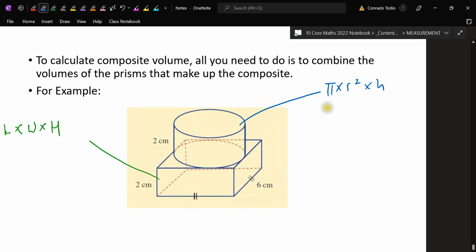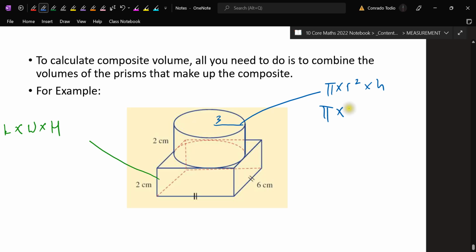Let's do the cylinder first. I know that this length here is the same as this because of the two little lines that are there. So if this is 6, this must also be 6, which means that this diameter is 6. Now, if that's the diameter, what's my radius? 3, the half length.